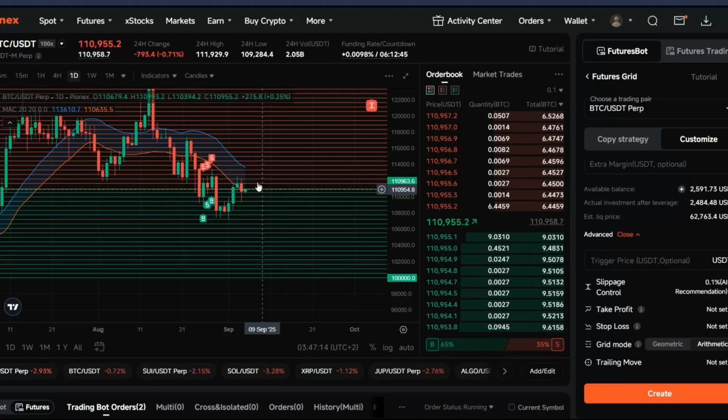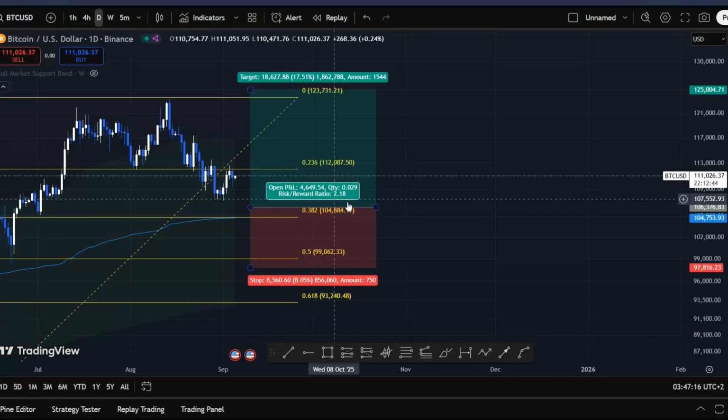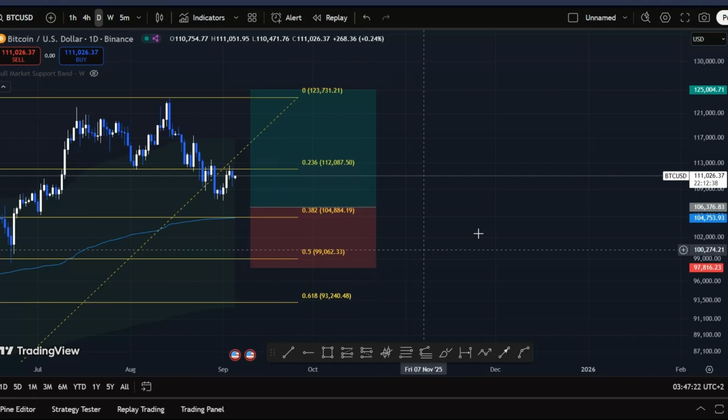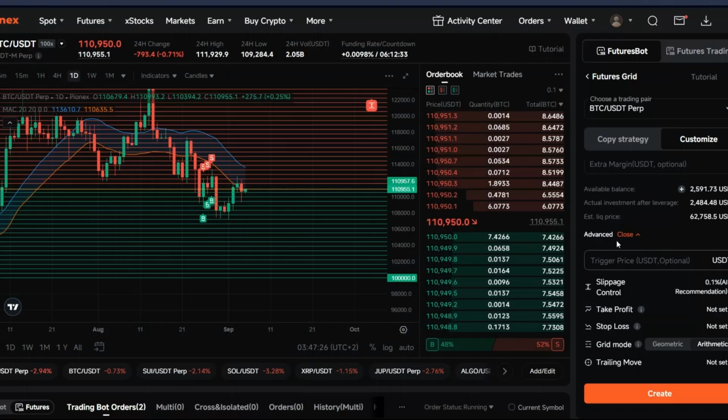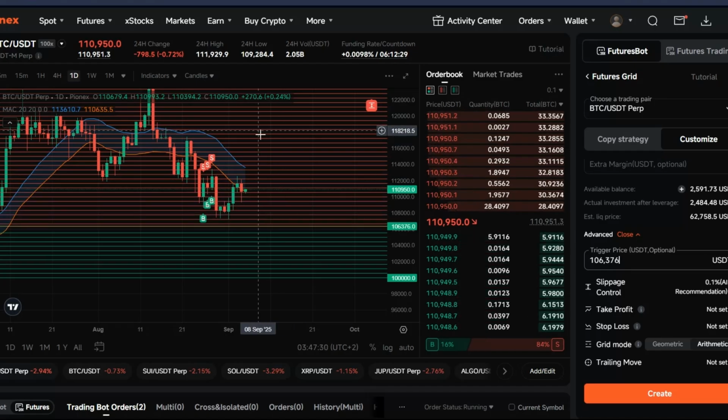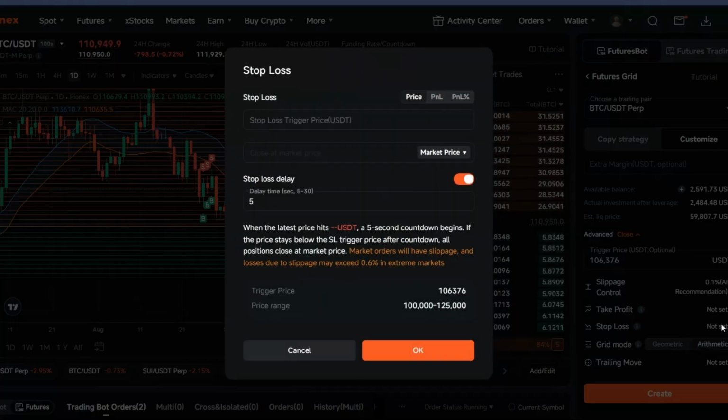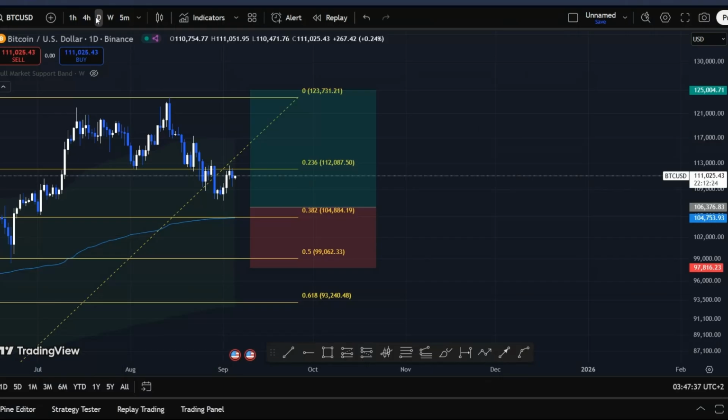But I want to wait for the price to go to 106,376. And I'm gonna set the stop loss at, we said that the stop loss was gonna be at 97,860.